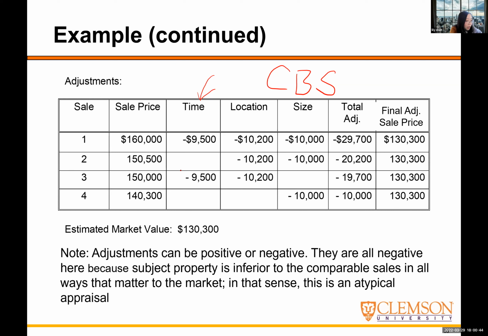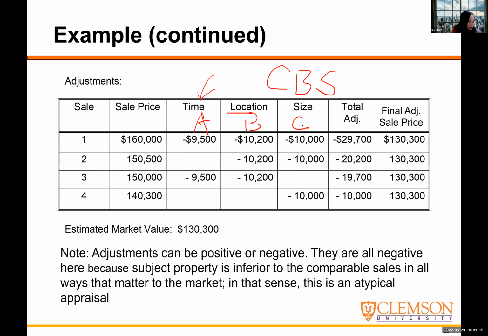Location: all three properties, 1 through 3, are not adjacent to a highway, so we have to subtract the value for not being adjacent to a highway. No change for comparable 4 because it's adjacent to a highway, like the subject. Similar adjustment for size.